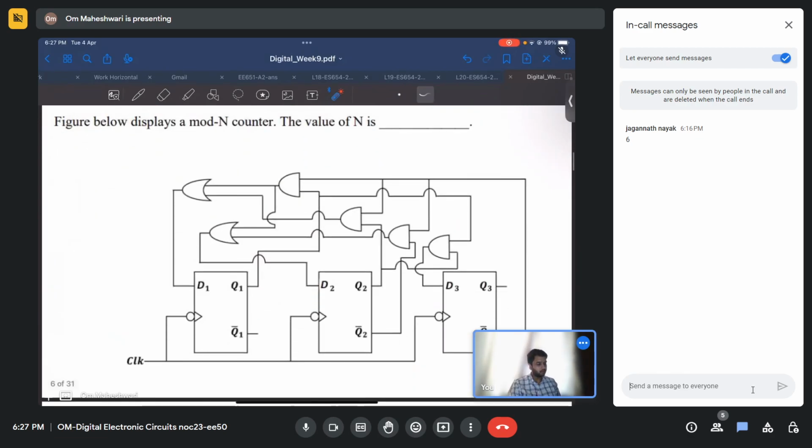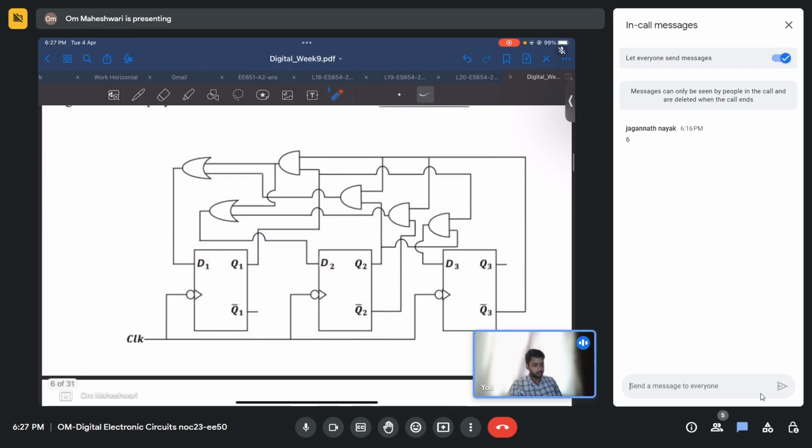But before that, we have to solve this circuit and find out what the inputs D1, D2, D3 are. So let us do that. Let me try to make it a little simpler.